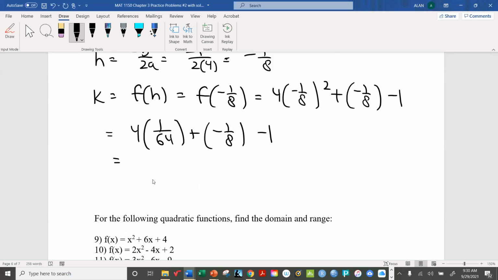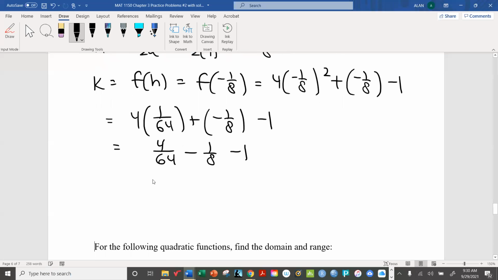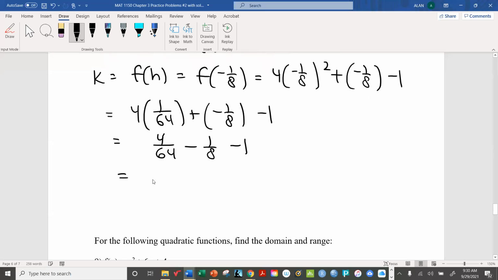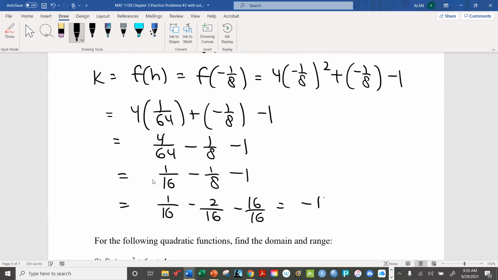All right, so we have 4 over 64 minus an eighth minus 1. Now 4 over 64 is 1/16. So here the common denominator would be 16s. So when you add these together, you get minus 17 over 16 for your K.